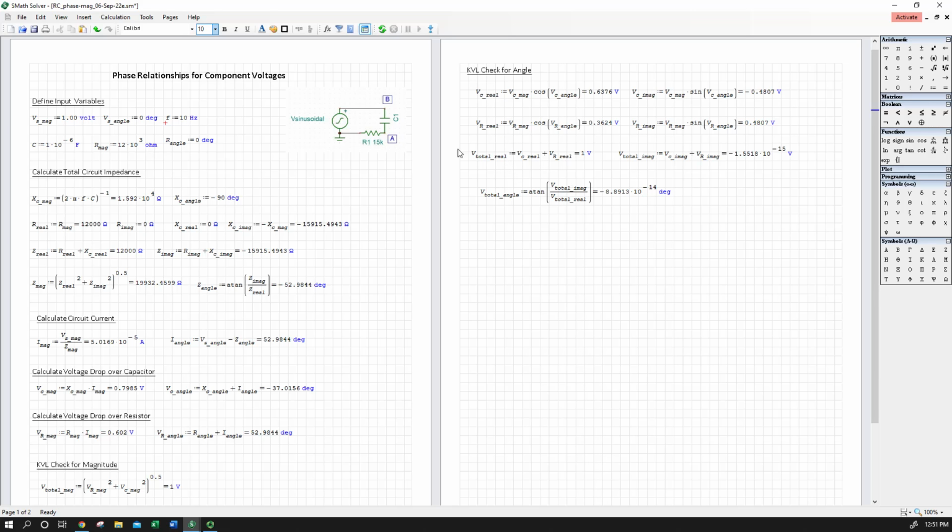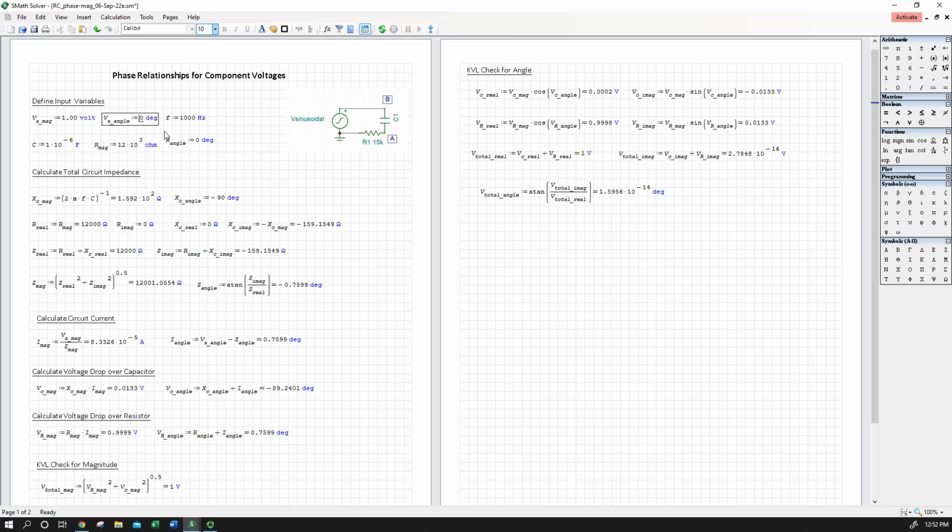This is our check, so it should still be close to 0, but this time the calculation error swung to the negative side, so that is actually still a good check. It should always be about the same as this. The total angle should always be, by KVL, whatever our source angle was. So if we changed our source angle, we should see that reflected here.